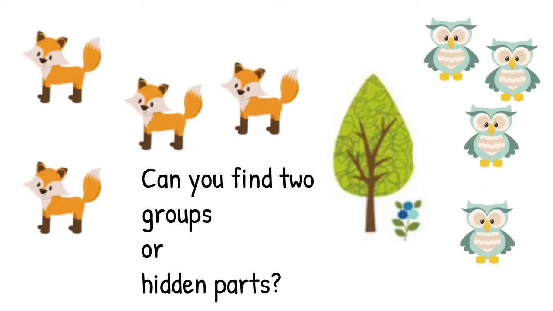Okay. Take a look at this picture of these woodland animals. Can you find 2 groups or hidden parts? So as a number detective, I want you to look at what would be an easy way to organize 2 groups or hidden parts.